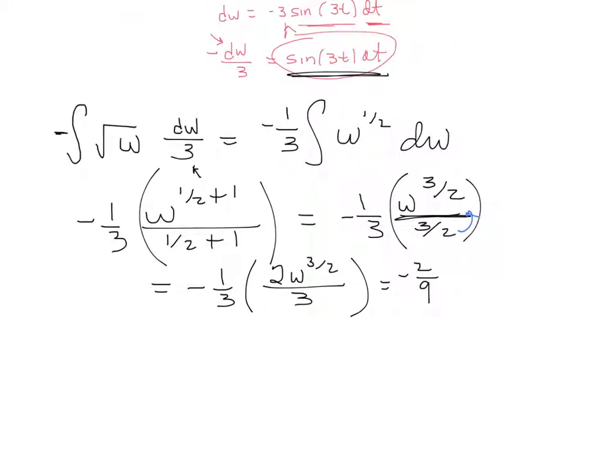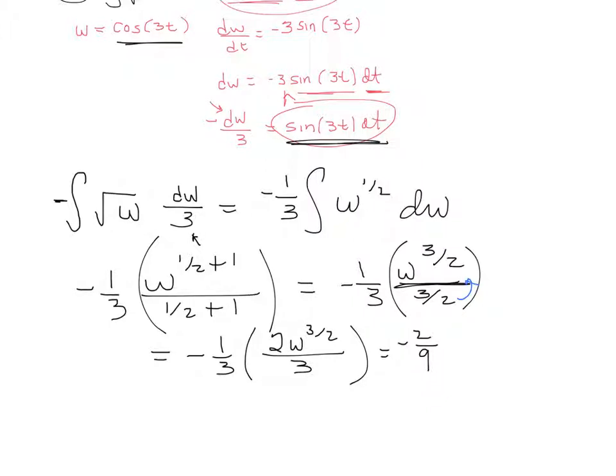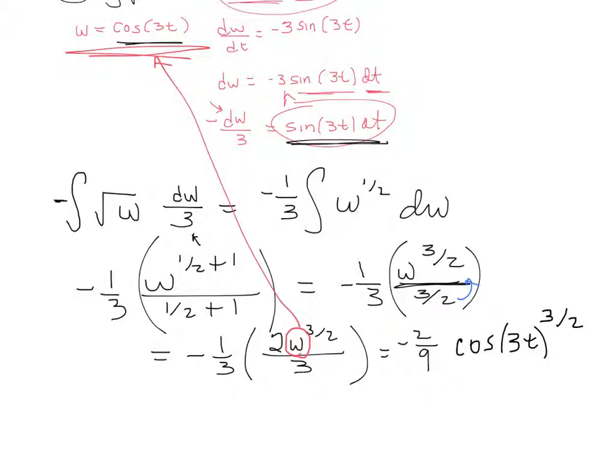Eventually, I need to plug my w back in, so let's just go ahead and do that now. So that's cosine of 3t. That was supposed to be a 3, not a w, to the 3/2. So as you can see, in this last step I took my w and substituted that piece back in.